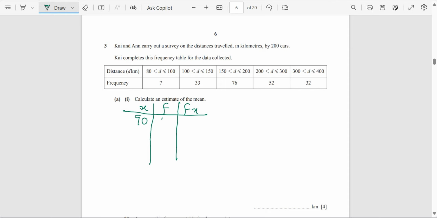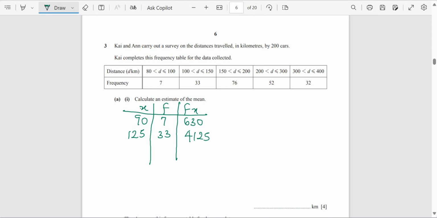Our frequency is 7, so 90 times 7 would give us 630. We'll move to the next one. The midpoint is 100 plus 150 divided by 2, and that will give us 125. The frequency is 33, so when you multiply that, you have 4,125.